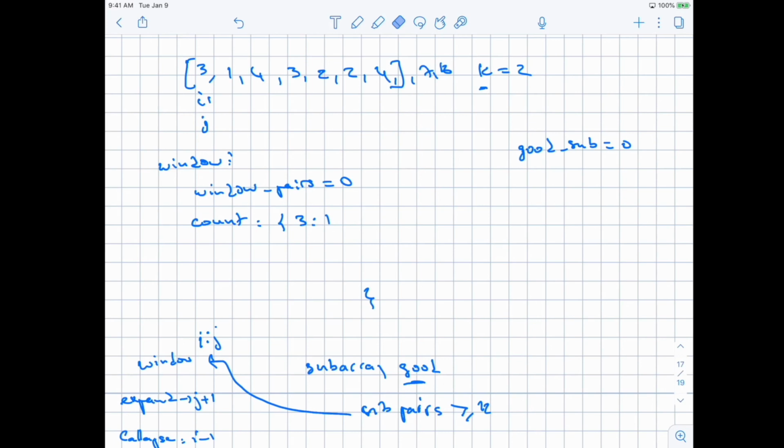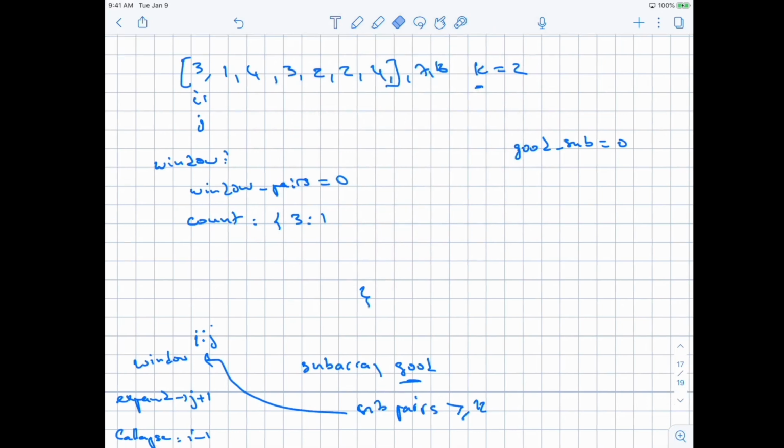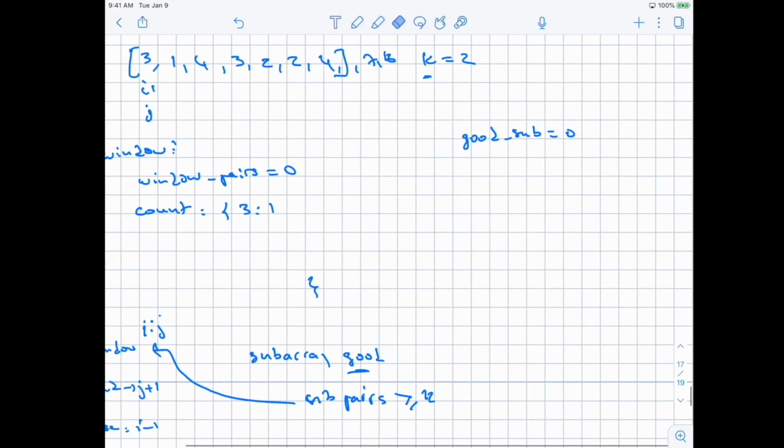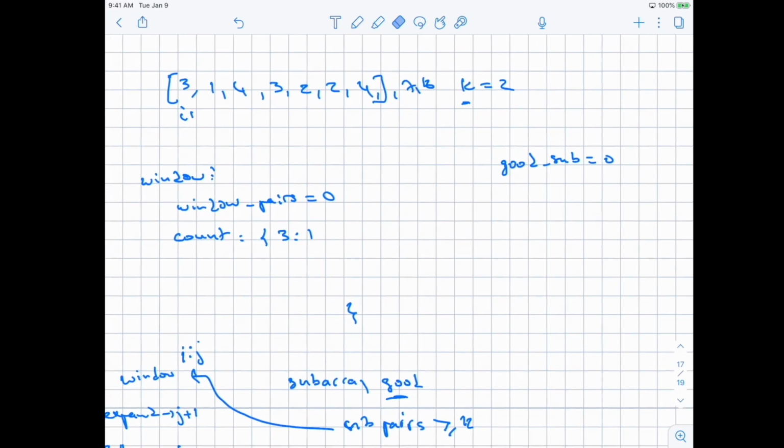let's just run it, okay? So now we have 3 has value 1. Should we expand or collapse? We still have 0 window pairs. We will increment window pair only if we have at least a count of 2. That's what the problem says. And so here we move our J pointer then. So our J pointer becomes here. And now we add that we just found a 1.